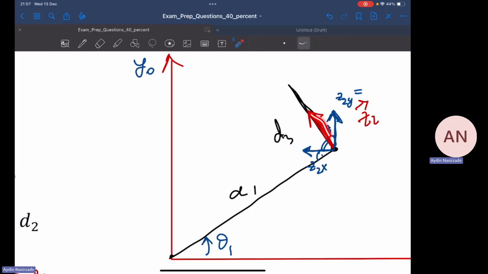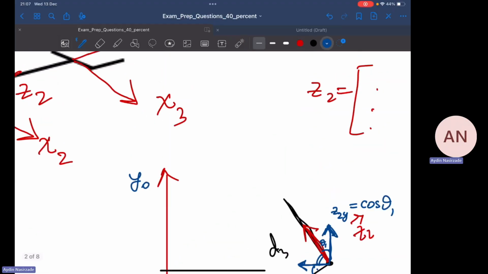So in this right triangle, this side is 1, the length, times cosine of theta 1. And it's positive because the direction of this projection along y0, both of the axes have the same direction, upwards, all right? So that's why it's going to be positive cosine of theta 1.